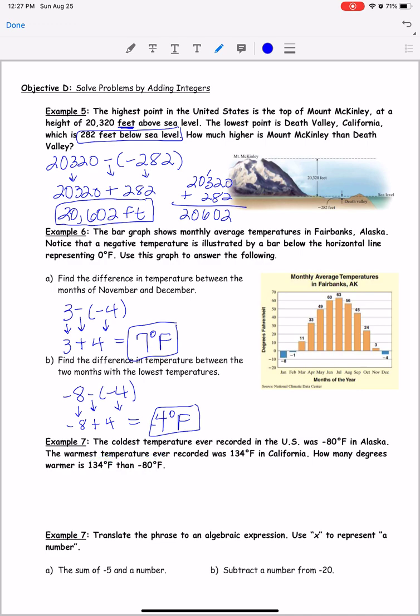So again, because these are opposite, right? If you have like your little thermometer here, here's your 0 degrees Fahrenheit. You've got one that's way up here, and you've got one that's way down here. Because they're going in opposite directions, you've got to subtract.